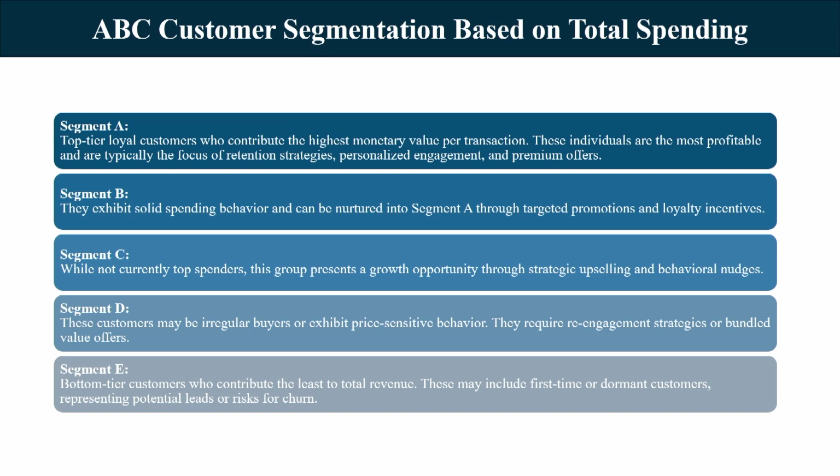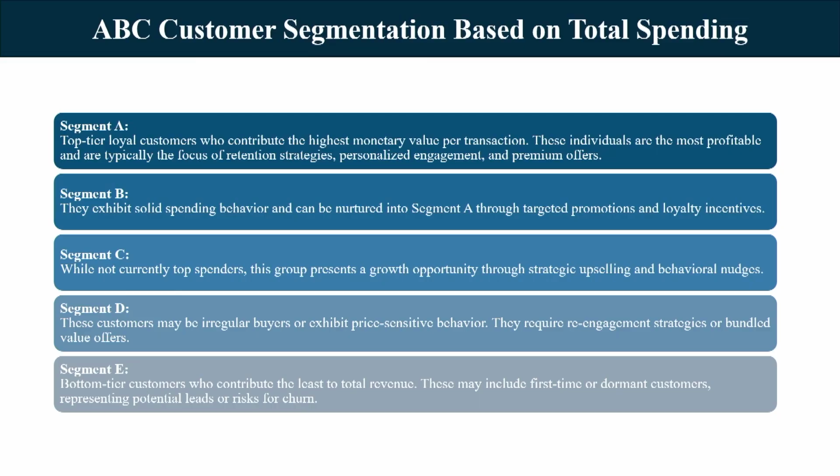And the bottommost segment is segment E. As far as the definition is concerned, it contributes least to the total revenue. So, they can include customers like first timers or the dormant. What can the company do? The company can either treat them as leads or as a churn risk.